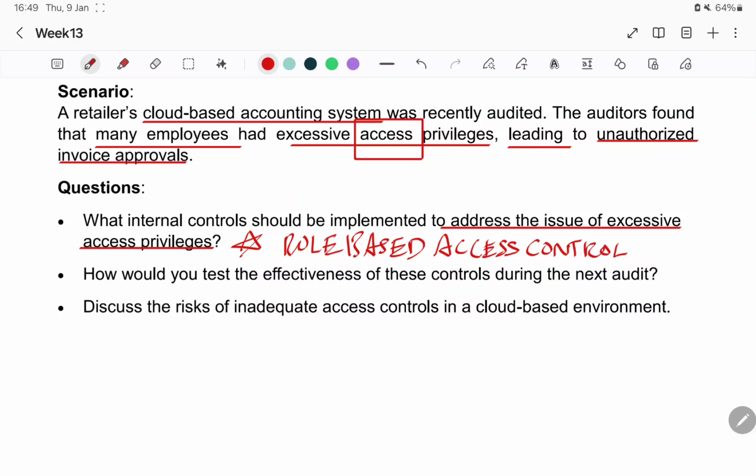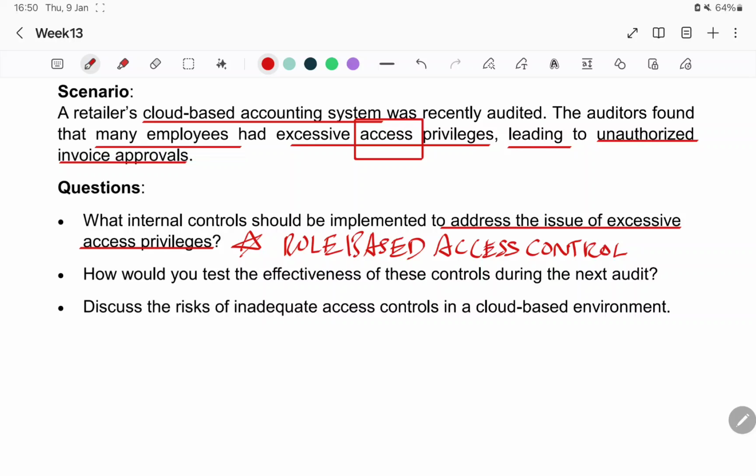If you're only an accounts technician, maybe you can only do the data entry. Then you cannot do the approvals. Yes, you lock them out from those access. Alright? It means they cannot.